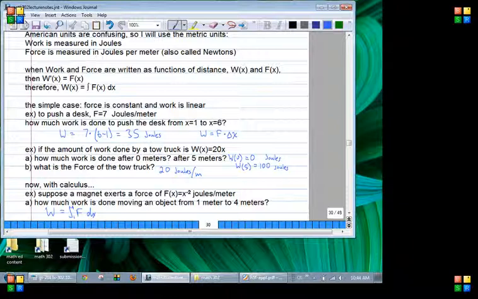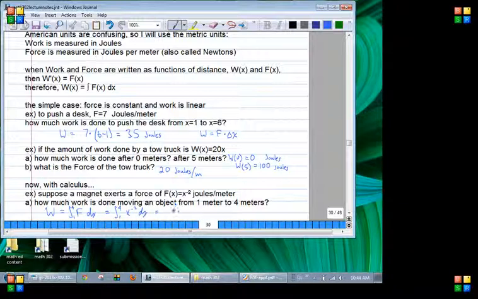It's helpful to be able to think of it either way. But again, notice that when I take the integral of f, I'm not going to get f squared over 2. F is some function, and I'm just writing it down symbolically by saying f, it's my force. So this is the integral from 1 to 4 of x to the negative 2 dx.